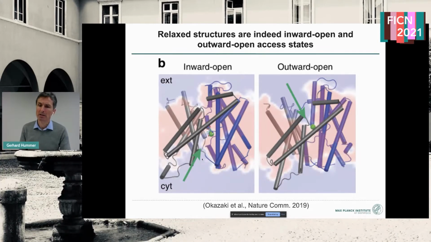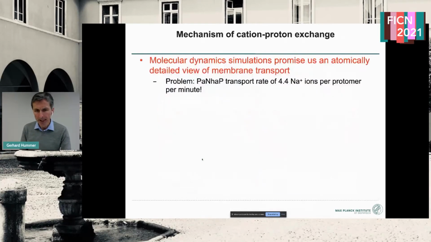We see spontaneous ion binding from the inside and from the outside into the respective conformations to the residues that have been identified, also based on a thallium-bound structure of this transporter. And so this confirms that we have good structural models, and sets us up for MD simulations of the actual transport event.